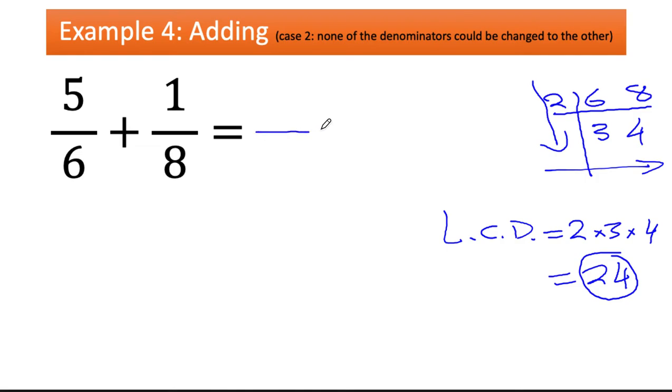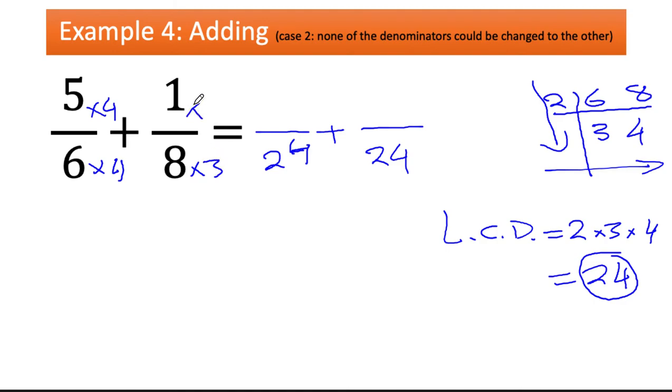So what I will do now is change both fractions to fractions with a denominator of 24, both of them. And now go to the other side. How can I change 6 to be 24? Yes, by multiplying it by 4, and don't forget to do it up. Now 8 multiplied by 3, and I will do it again with the numerator.